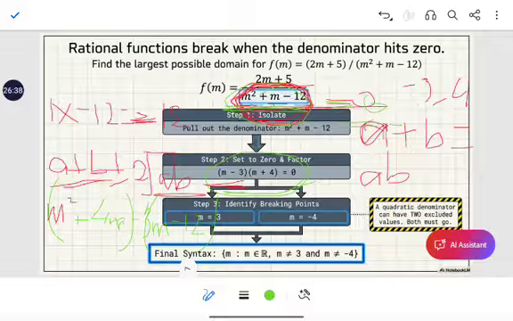So therefore, if I'm looking for all the numbers in the world that will make this function defined, that will produce an allowable output, then those numbers should not be 3 and negative 4. That's why I said m is not equal to 3, m is not equal to negative 4. Because if I put 3 inside, the answer will be 0. If I put negative 4 inside, the answer will be 0.